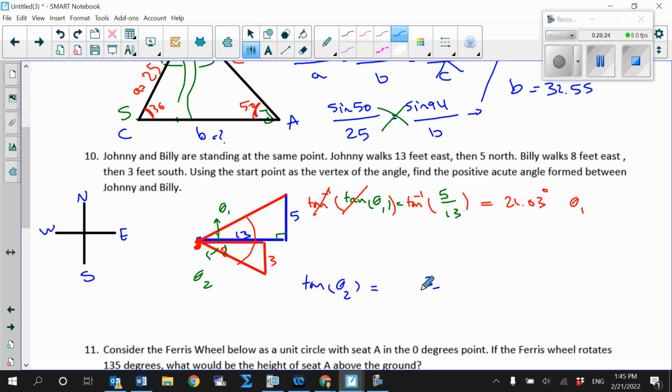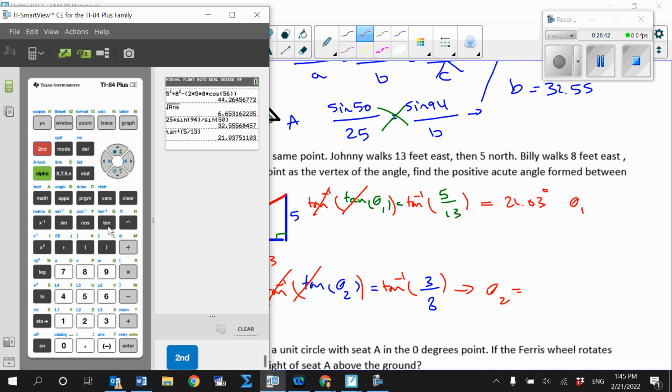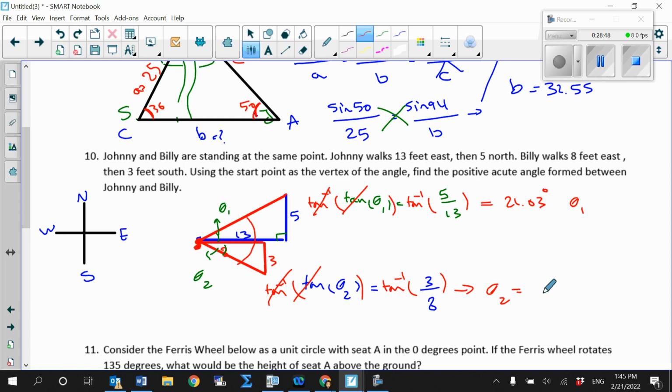That's 3 over 8. Again, to find theta 2, we use the inverse function, tangent inverse of both sides. These two cancel, and then theta 2 will be equal to second tangent of 3 over 8, 20.55. That's theta 2.